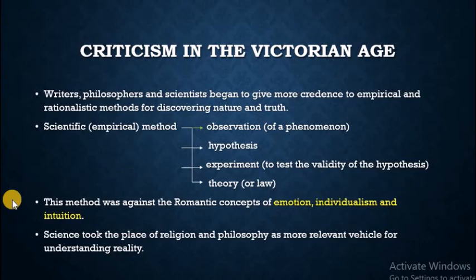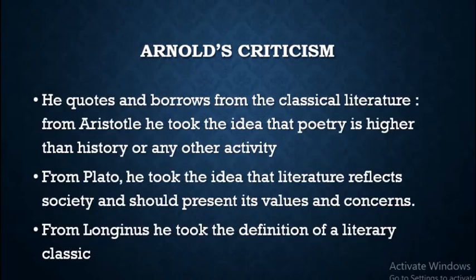So this is the new mentality. يعني ها صارت هي العقلية الجديدة في العصر الفيكتوري. So what is the effect of that on our critic Matthew Arnold? When we come to Matthew Arnold, let's see what are the special features of his criticism.